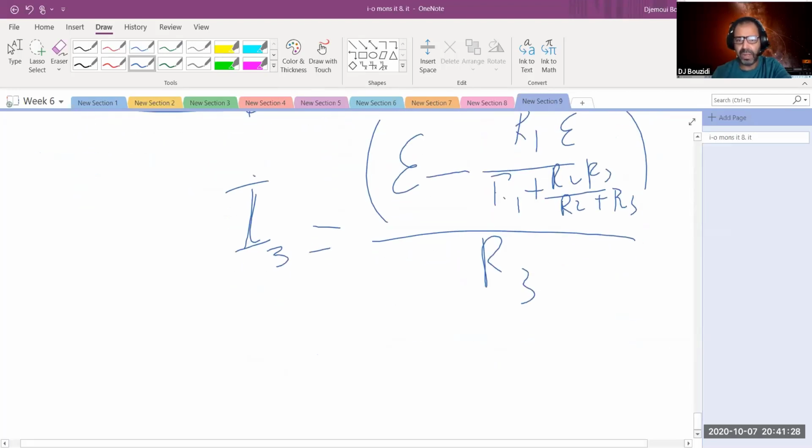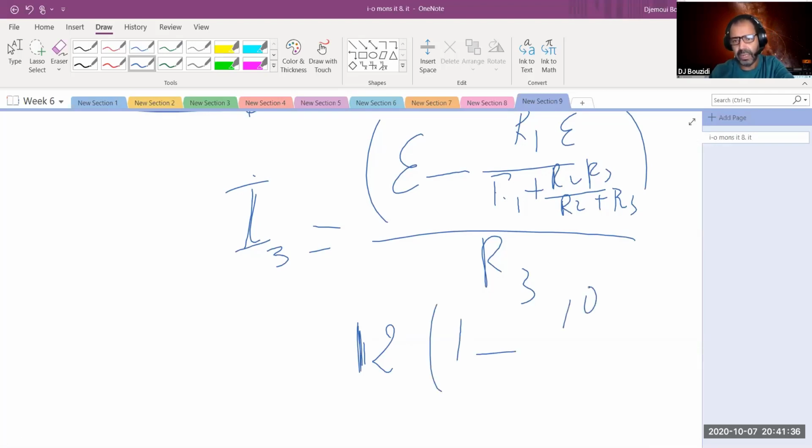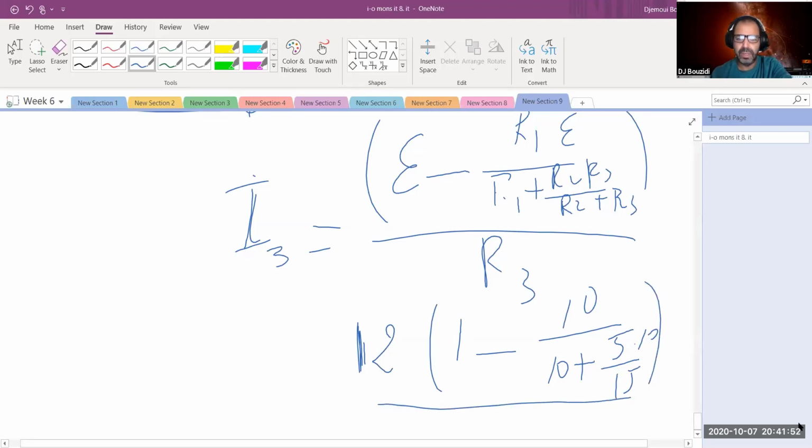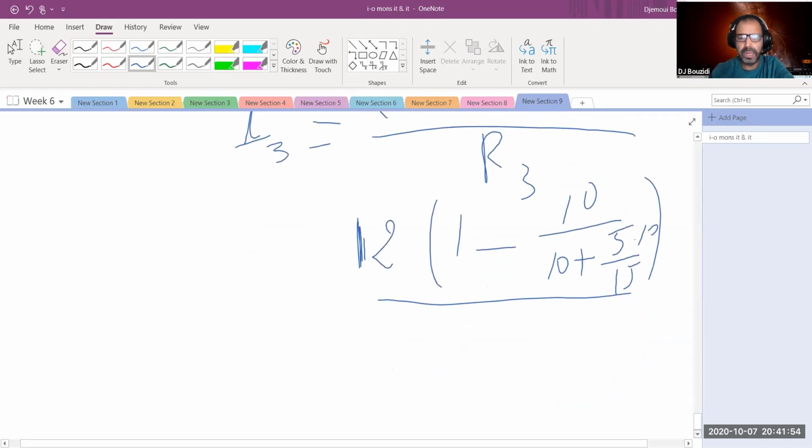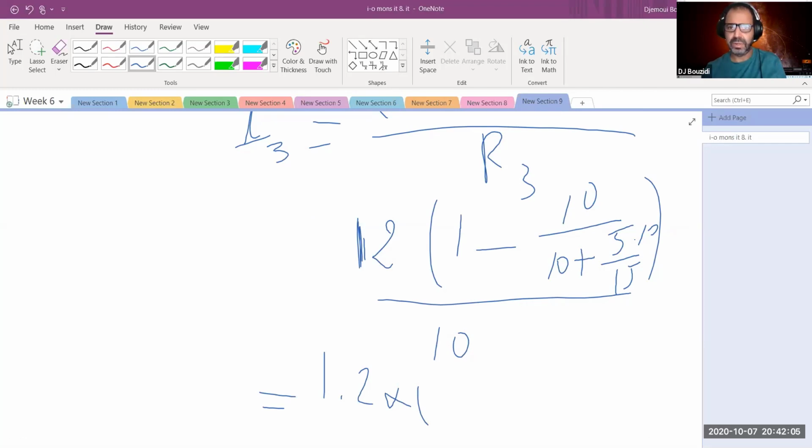So I will have 12 times 1 minus the ratio of R1, which is 10, divided by R1, which is 10, plus R2, which is 5, times 10 divided by 15. And divide the whole thing by R3, and R3 is 10. So it's going to be 1.2 times, let me get the calculator going for you guys.